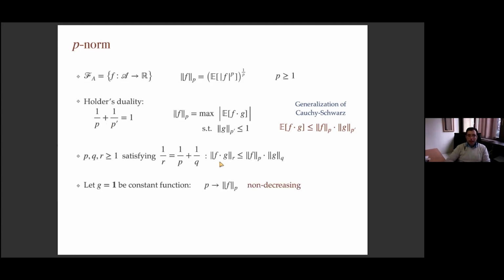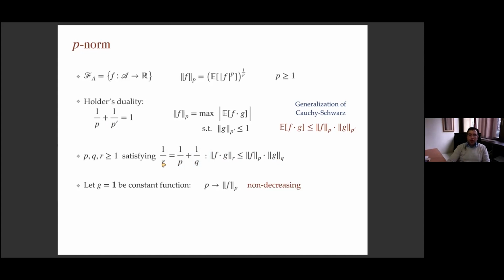Even more, we can generalize this inequality. If p, q, and r are three numbers greater than 1 satisfying this equation, which is a generalization of the previous one, when you pick r to be 1 you get the earlier equation. In general, we have that the r norm of fg is at most the p norm of f times the q norm of g.